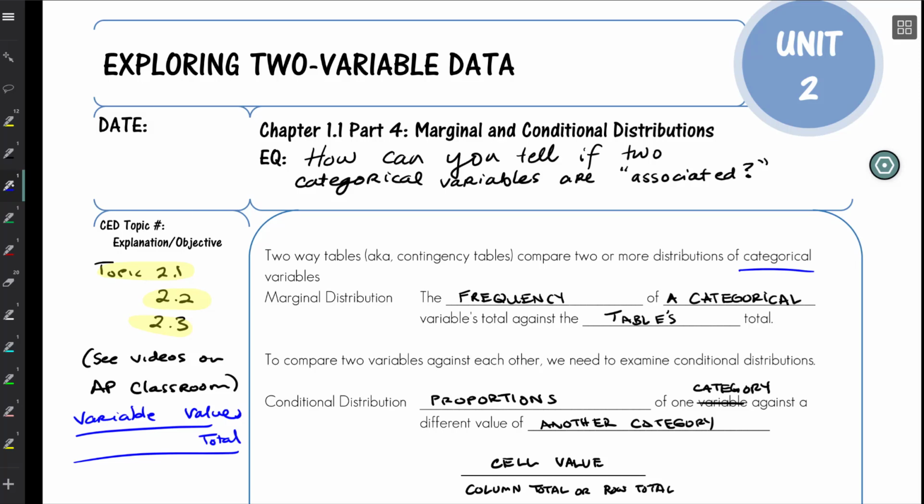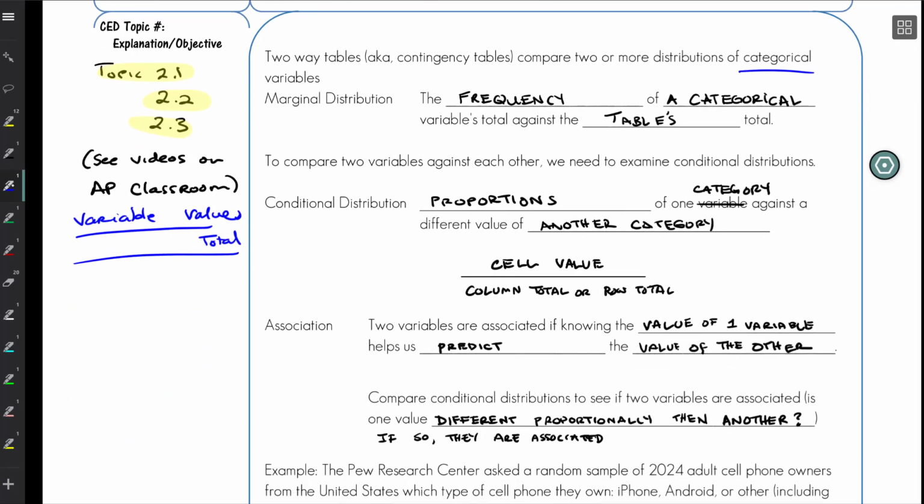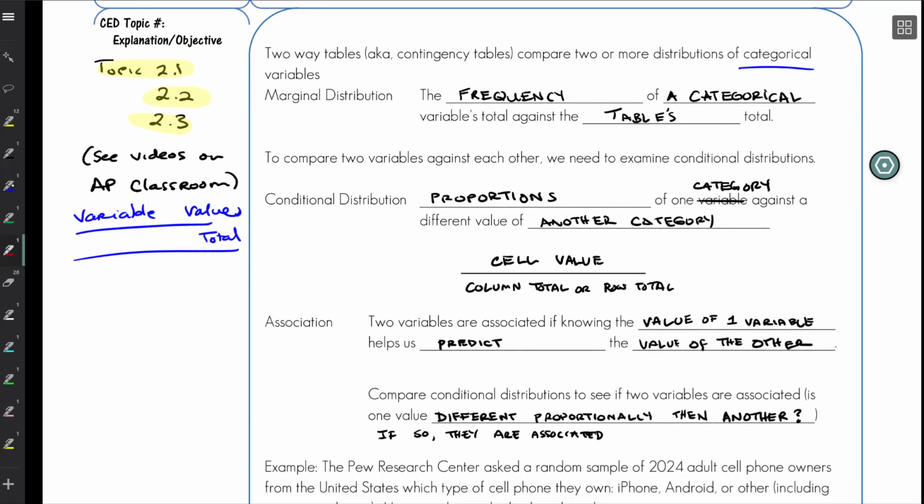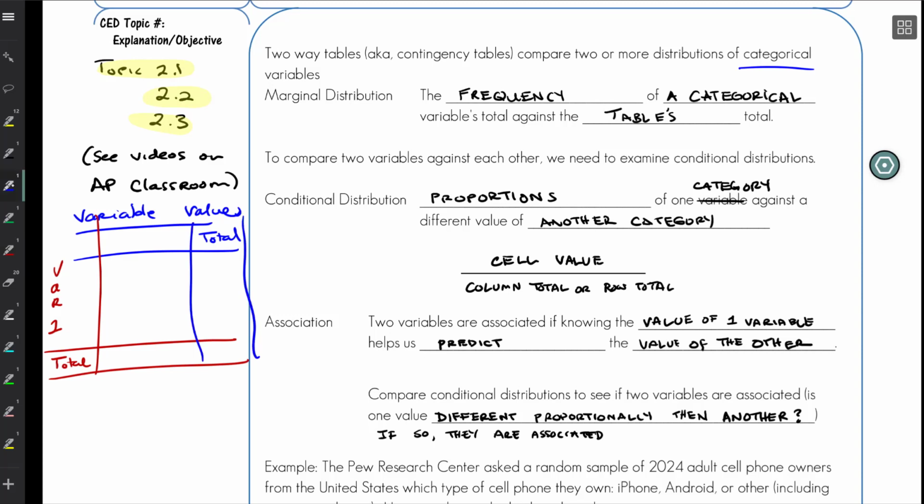But now we're going to extend this into a vertical dimension as well, and we will have a second variable represented in multiple different rows, and then a total down here at the bottom. So we have a total row and a total column, and ultimately those will give us an overall total value all the way down here. This is what is known as a two-way table or a contingency table.